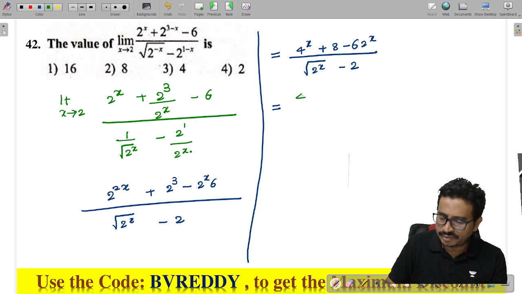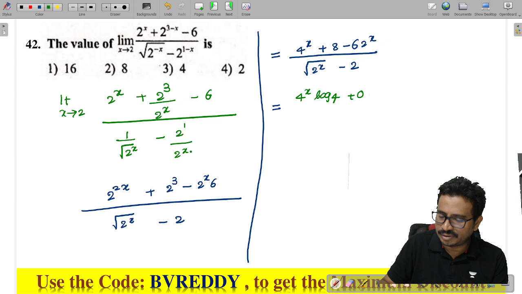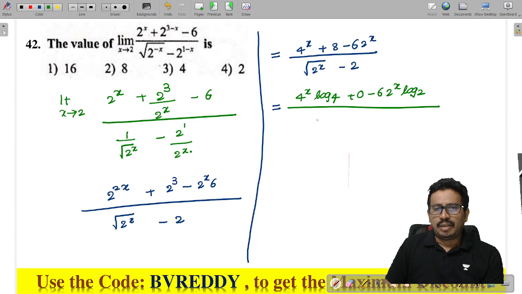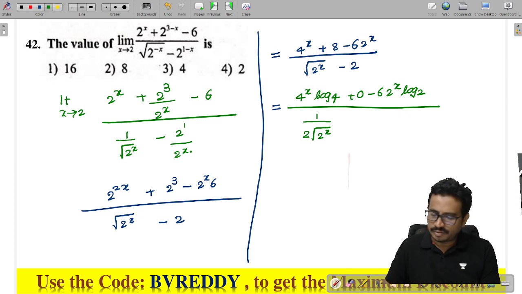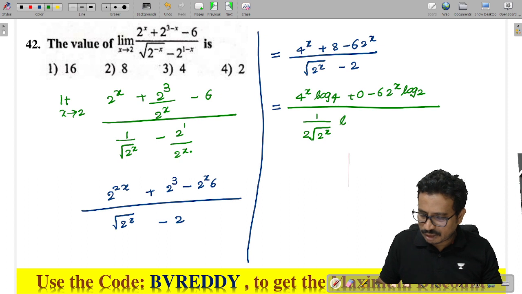Derivative of 4 power x is 4 power x into log 4, plus derivative of 8 is 0, minus 6 into 2 power x into log 2. In the denominator, the derivative of root of 2 power x is 1 by 2 square root of 2 power x into log 2, minus 0.